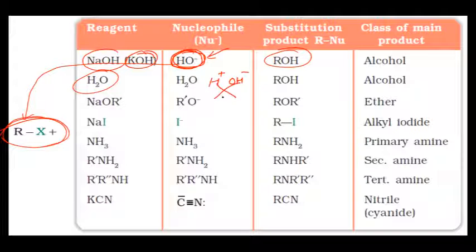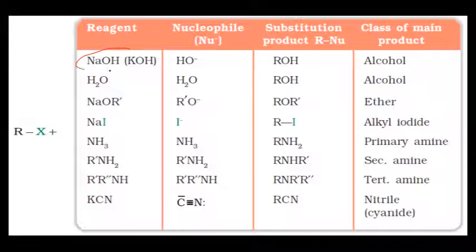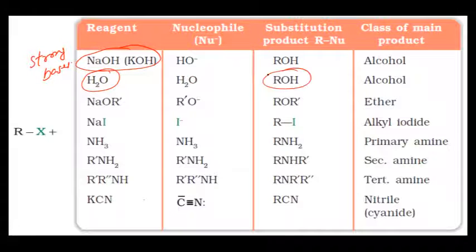No. In case of NaOH and KOH, these are strong bases and these get ionized into Na plus and OH minus or K plus and OH minus. So OH minus is available. But if the reaction is with H2O and alcohol is being produced, in that case, OH will not get attached. First, whole H2O will get attached, and the mechanism will be like this.